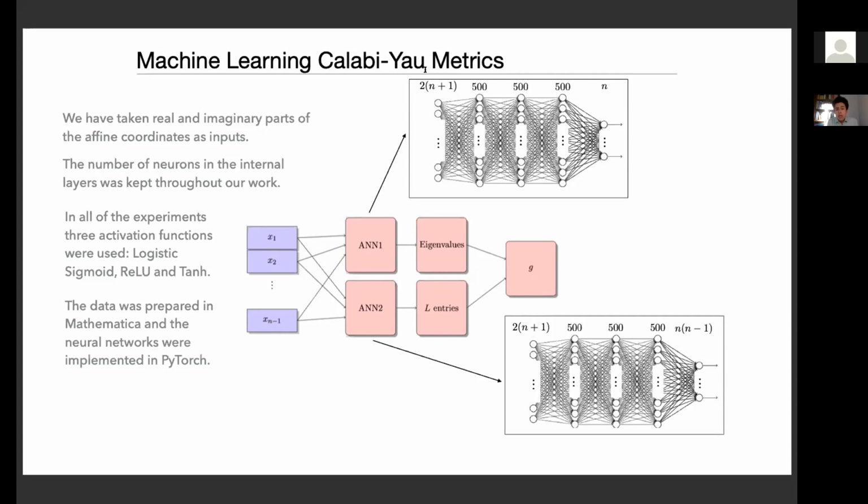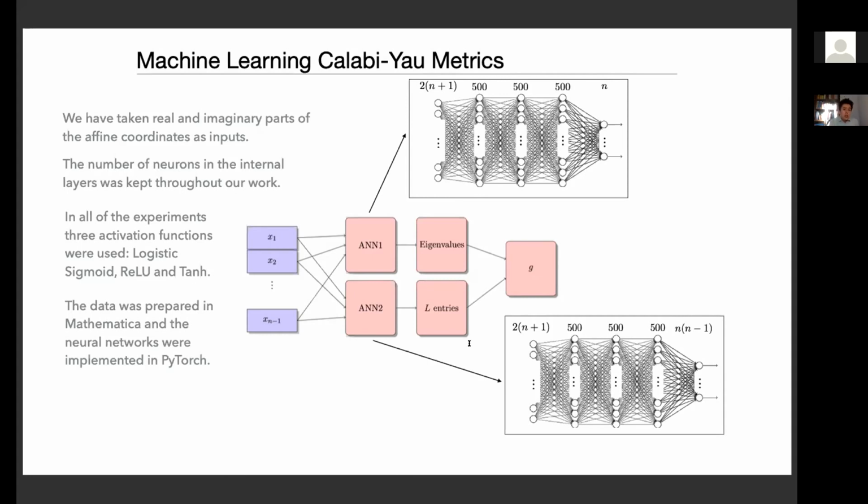The input for the hypersurfaces is 2 times n plus 1, where n is the complex dimension of the Calabi-Yau under consideration, and then you get n real outputs that are the diagonal entries, and n times n minus 1 entries that I use to generate the L matrix entries.